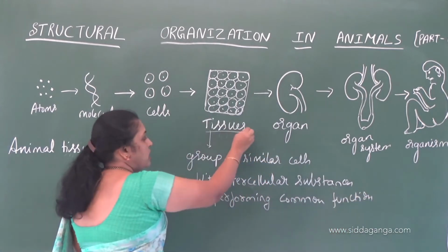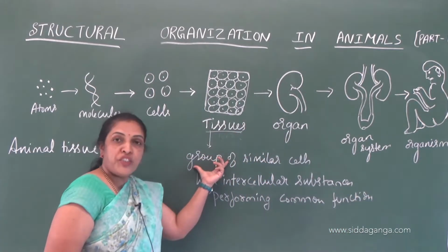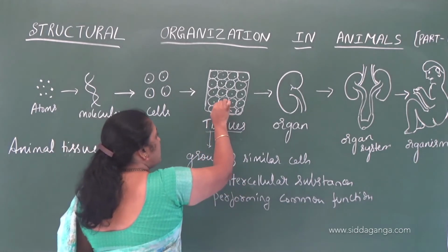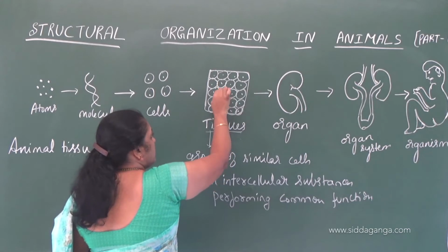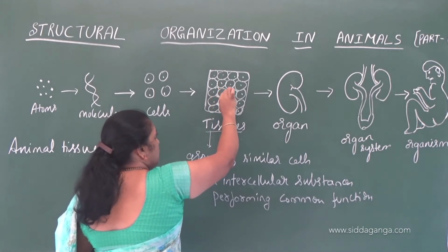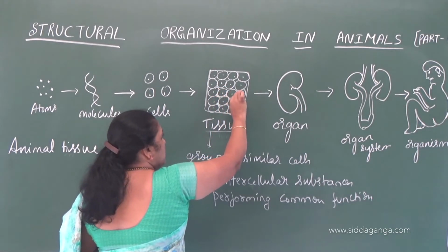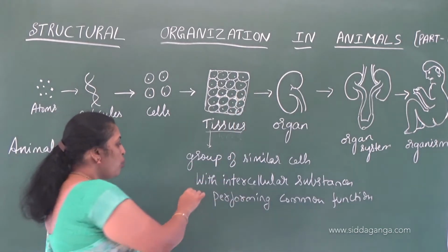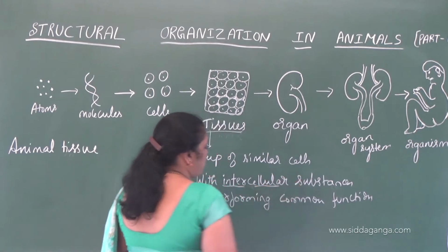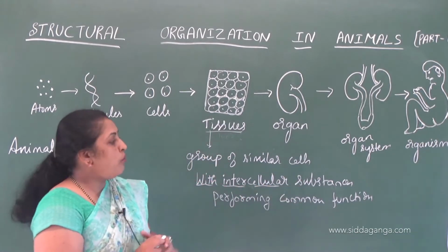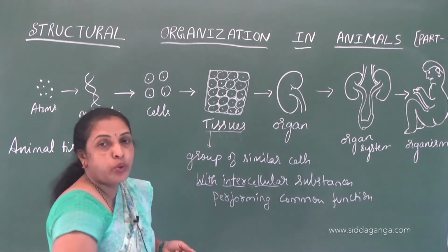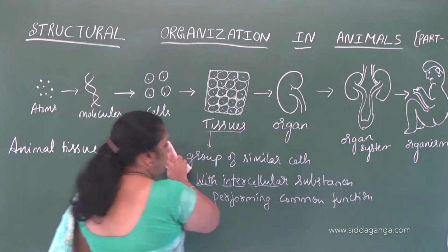Intercellular means between the cells. Between the cells we see a substance that is called intercellular substance. So a group of similar cells with intercellular substances performing a common function is called a tissue. Understood? In this class we are going to discuss animal tissues.